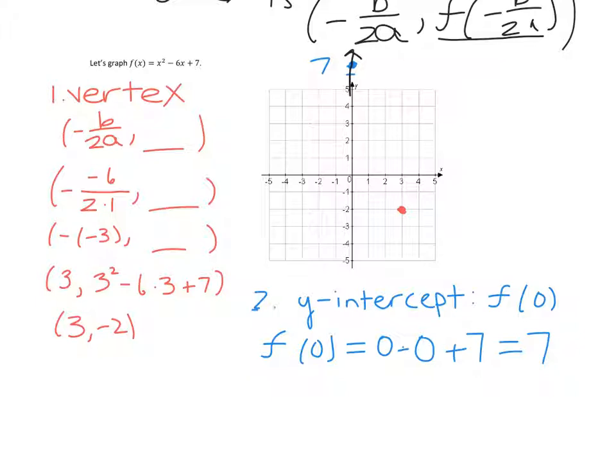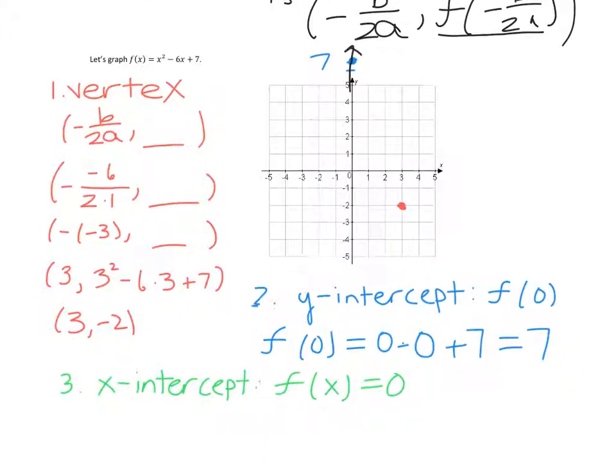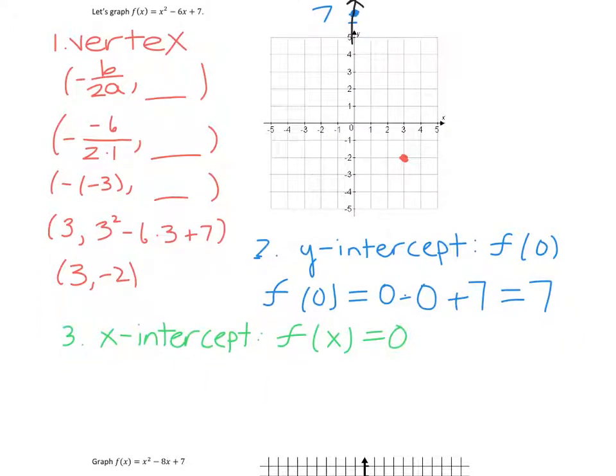All right, and then finally we have our x-intercepts. That's when our function is 0 and we find the x values. So let's set x squared minus 6x plus 7 to 0 and solve it.